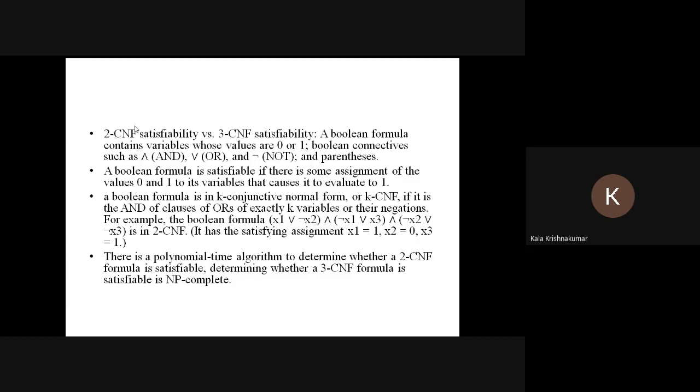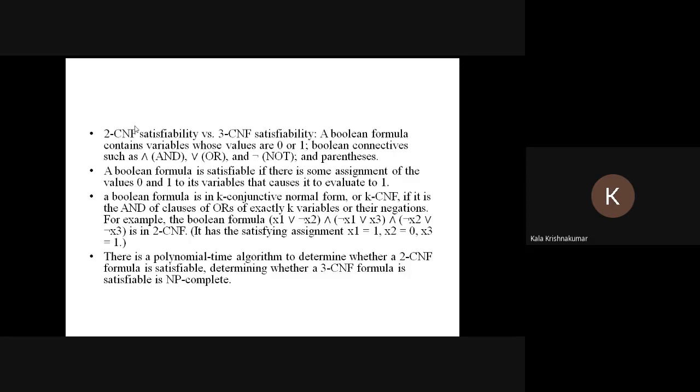Conjunction means you are taking logical AND. So suppose you have x1 or x2 or x3, which is a clause, and x4 you can consider as another clause. Then (x1 or x2 or x3) and x4.